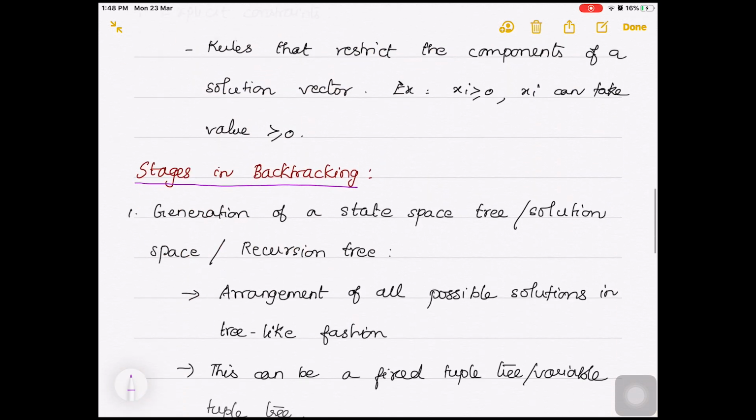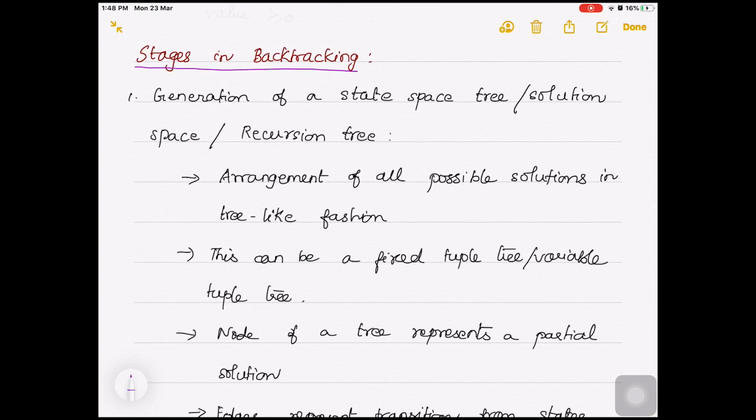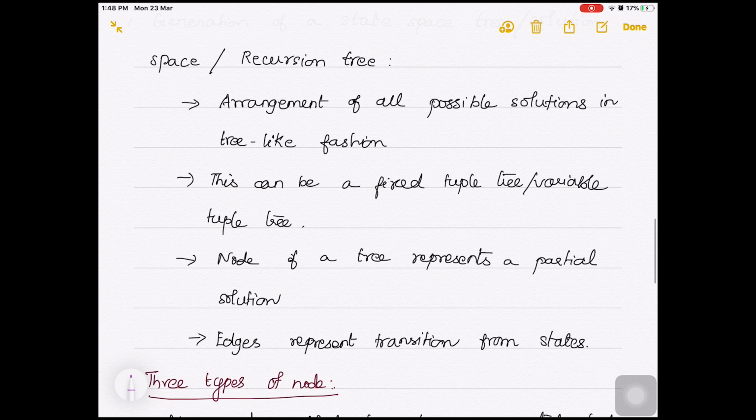Next, let us see about the stages in backtracking. There are two main stages in backtracking. The first one is the generation of the state space tree, or I can call it a recursion tree. The second stage is the searching of the state space tree. In the first step, we arrange all possible solutions in a tree-like fashion that we call the state space tree, and this can be a fixed tuple tree or a variable tuple tree.